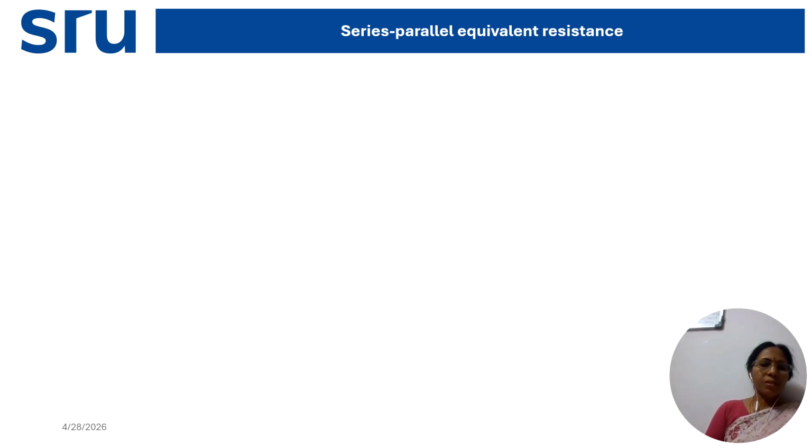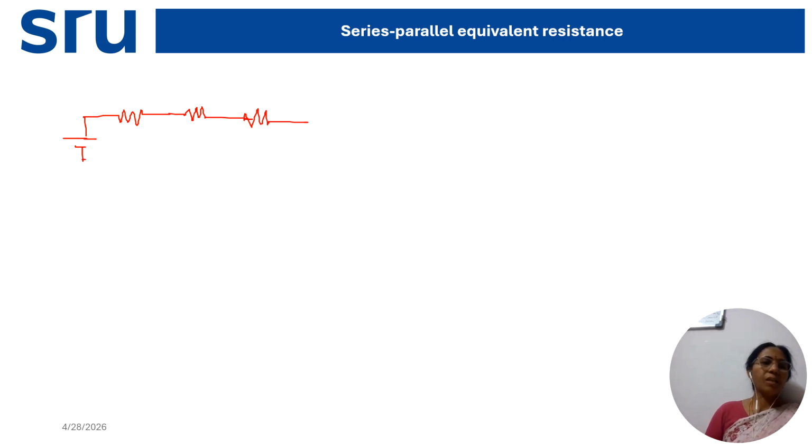Now we will see the series network, how to connect the elements in series. Here I am taking one simple example with one voltage source, and I am connecting 3 resistors in series: resistance 1, resistance 2 and resistance 3.